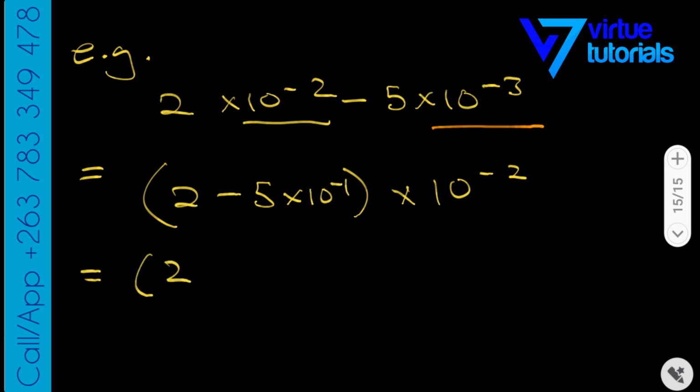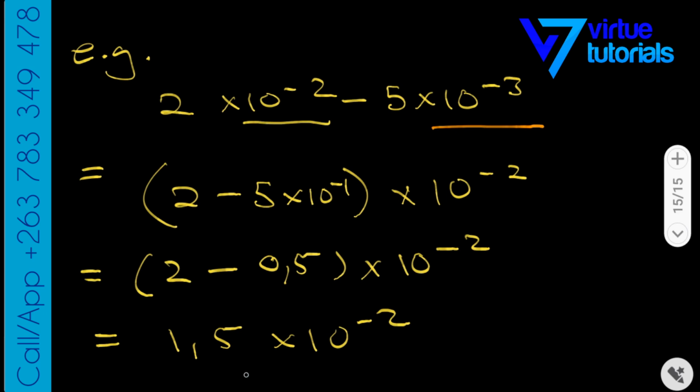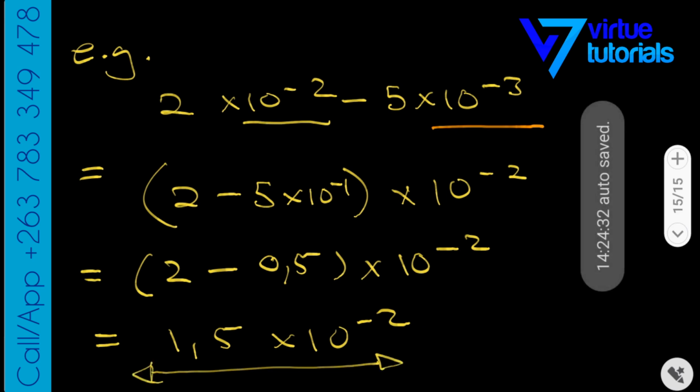Now, if we work backwards here, 5 times 10 to the power minus 1 gives you 0.5. 2 minus 0.5 will be 1.5. Then I'll bring my times 10 to the power minus 2. In this case, the comma is between the first and second significant figure, so this is in standard form, and this is satisfactory.